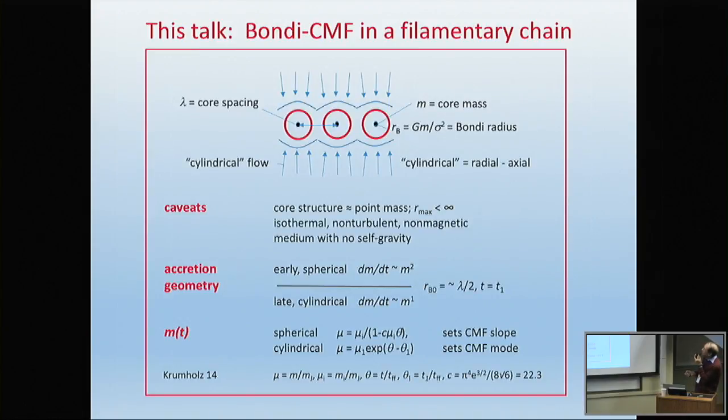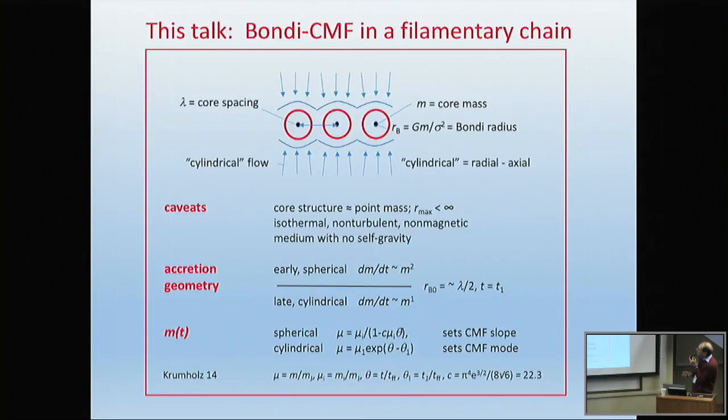So here is the setup. Here are cores with neighbors in a filamentary arrangement. This is the Bondi radius, which gives roughly the sphere of gravitational influence that a point mass has. This kind of treatment is extremely simple. Hopefully it is not too simple, just simple enough.